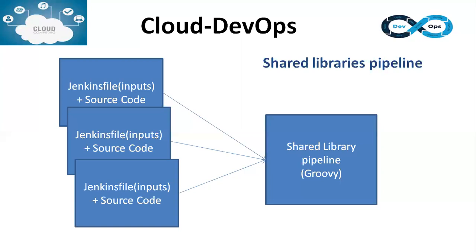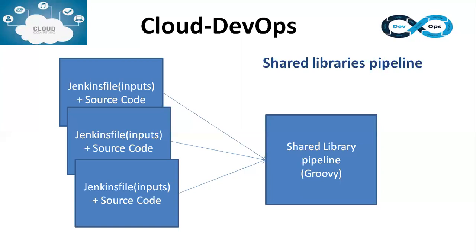Not only for Maven projects, they develop a common shared library that can be used by Python, Java, .NET, or any other technology, so that this common pipeline can be used across different types of technologies and source code repositories.